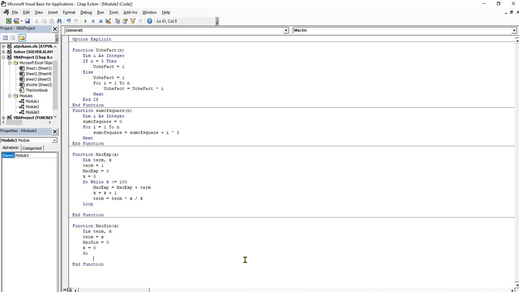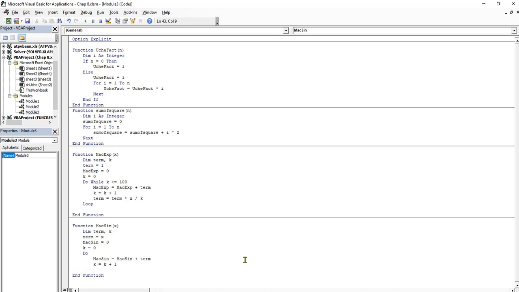You say MarkSine is equal to MarkSine plus term. Now I need to add an incremental value of k, so I say k is equal to k plus 1.